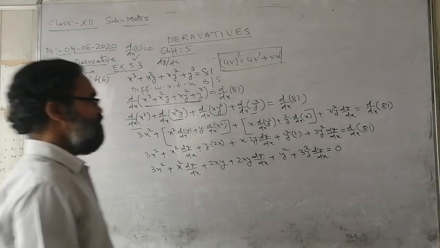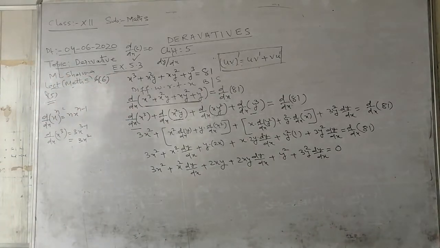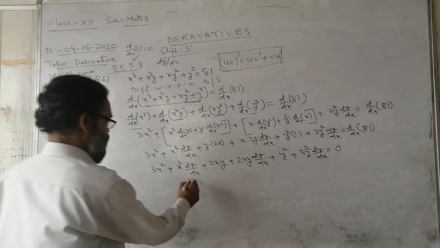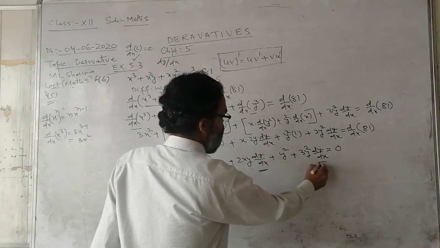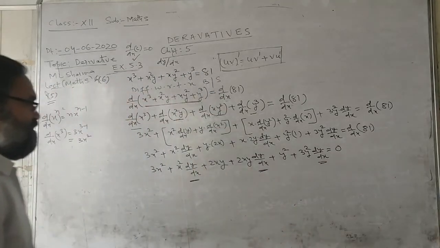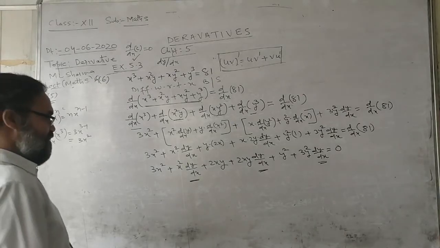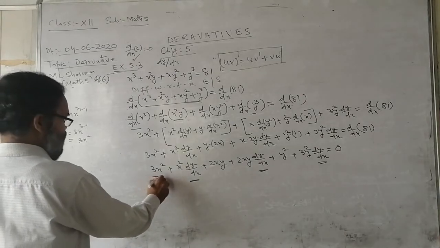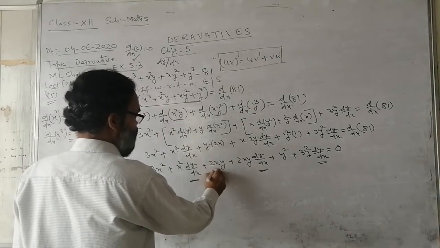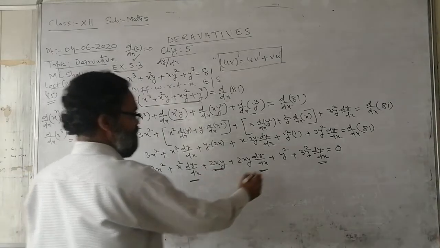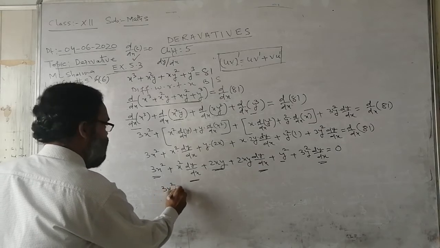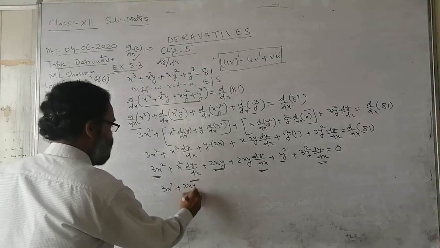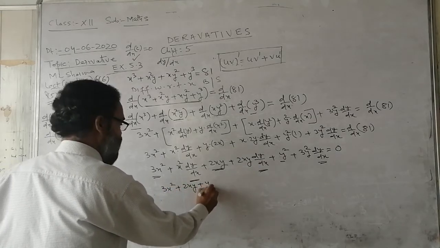will be 0. So here I have two type of terms. One is dy upon dx, and dy upon dx. So I can separate these terms. 3x square, 2xy and y square, they can be separated: 3x square plus 2xy plus y square.